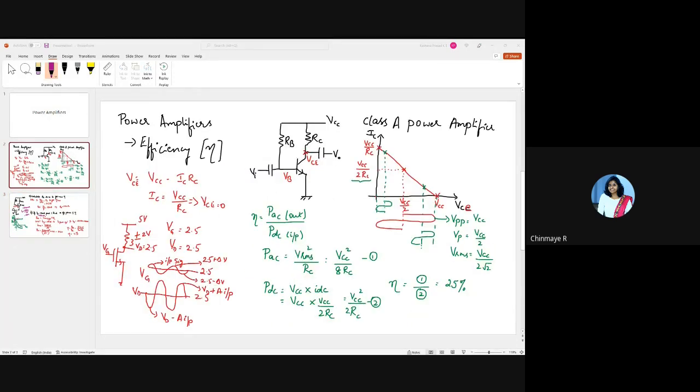Now let's take this example. These are very small voltages. For this to operate in saturation, you need some voltage VGS minus VTH, which is say 1 volt.